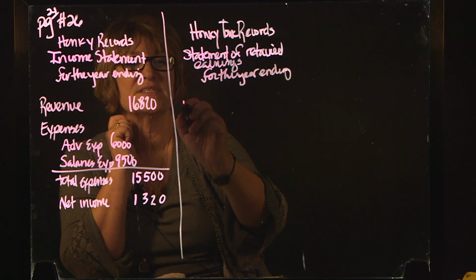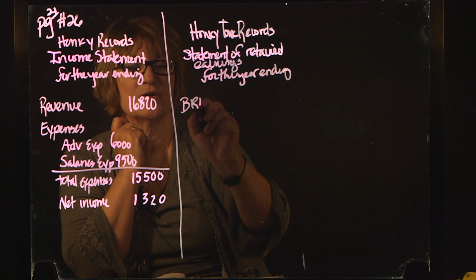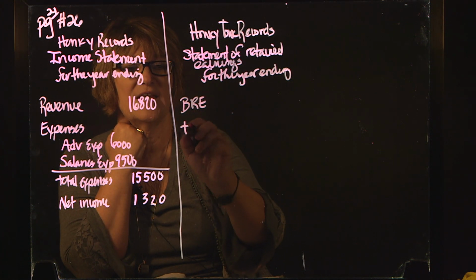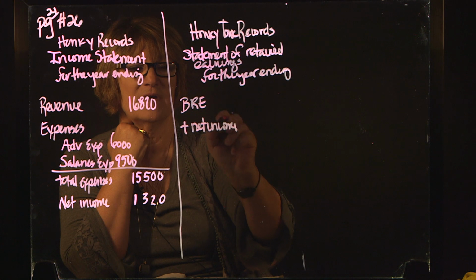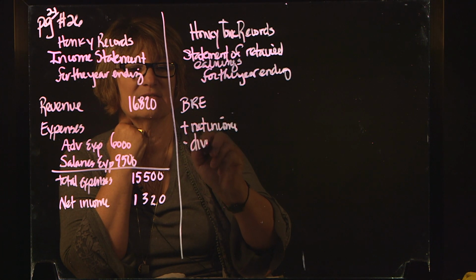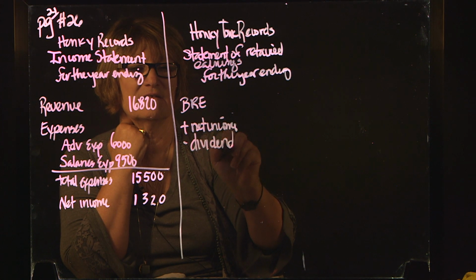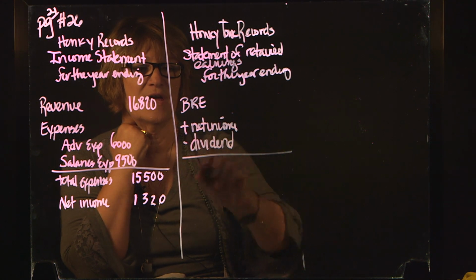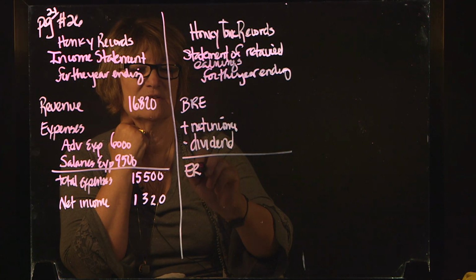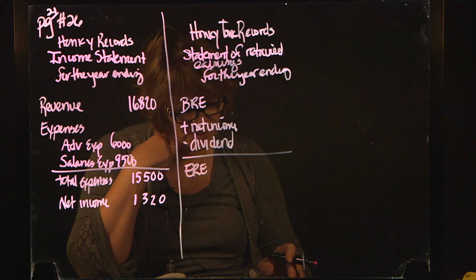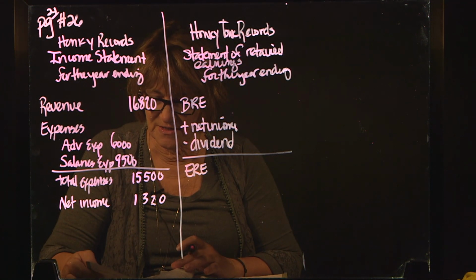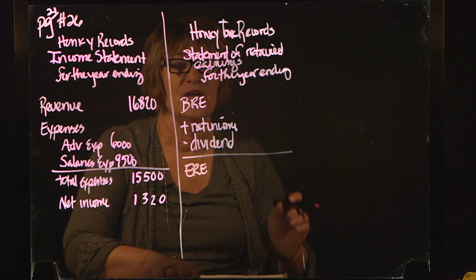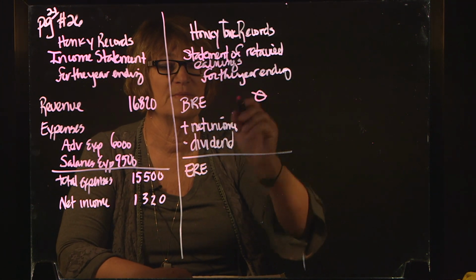We're always going to begin with beginning retained earnings plus net income minus dividends equals ending retained earnings. In this particular case, there is no beginning retained earnings, it doesn't look like. So this would be 0 beginning.